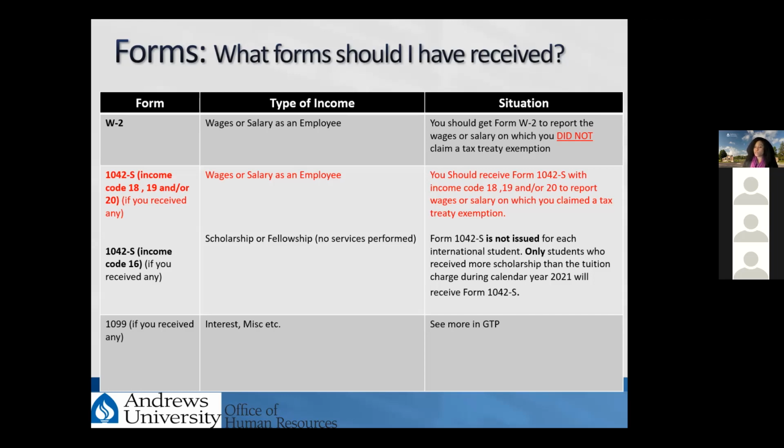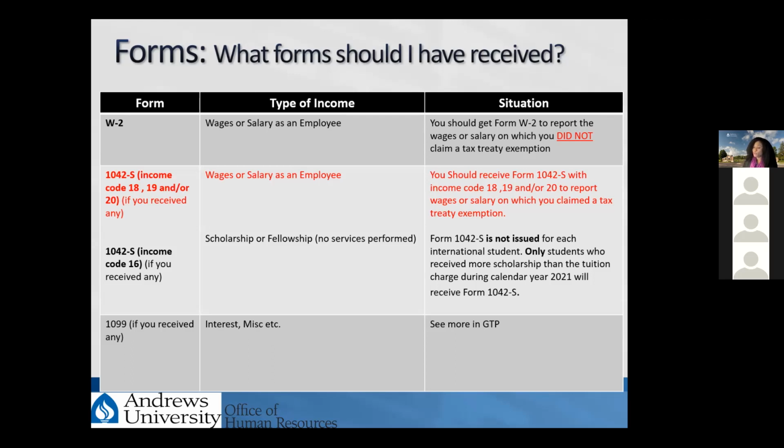Basically, if you have received scholarship or fellowship, this 1042S income code 16 is the one that is given to you. And what is happening, most of you will ask, oh, but I had a scholarship and I am not getting the 1042S, or when I went to the Glacier system, I didn't see a 1042S. Yes, you wouldn't see a 1042S because the 1042S will only be issued to you if you received scholarship in amounts more than your tuition for that year.